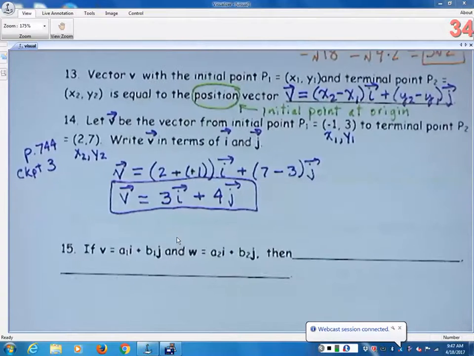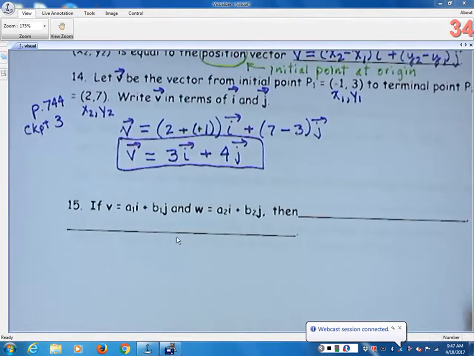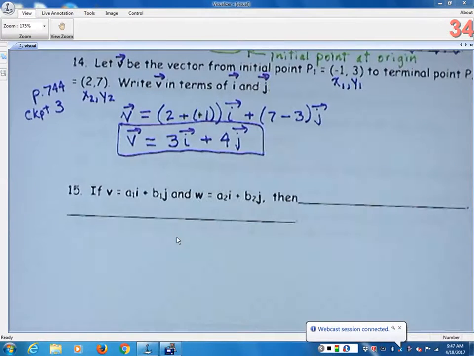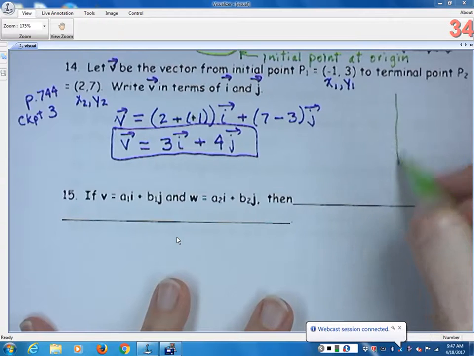Okay, so that's not at the same place, but it's equal in magnitude and direction to this other vector. It'd probably be a good idea just to sketch that. I could do a quick sketch.